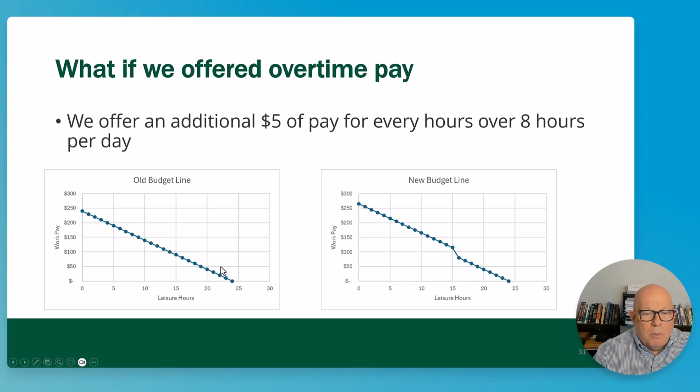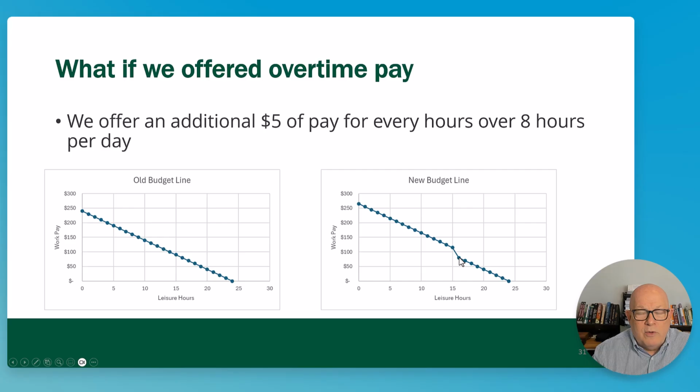So we have a perfectly straight line, all right? If we're going to offer $5 of pay for every additional hour worked, then their total pay opportunity goes up because of that additional $5 per hour. So you'll notice here that the line shifts. Okay, the slope is the same before and after, but it shifts at this point.